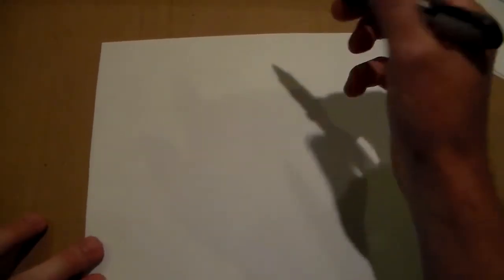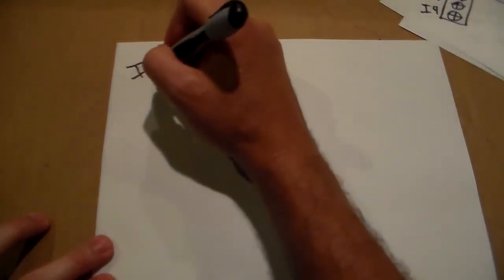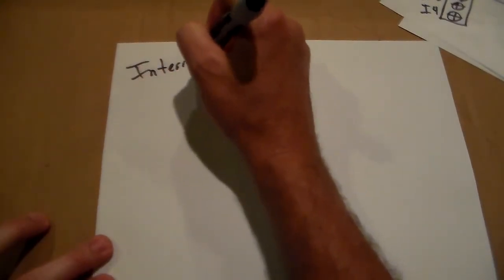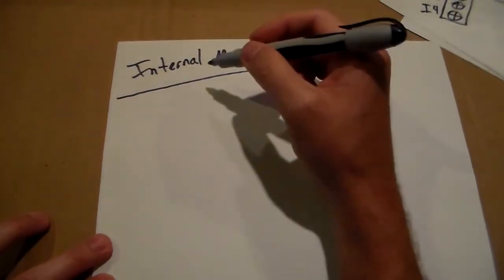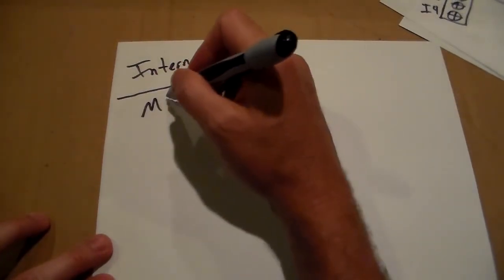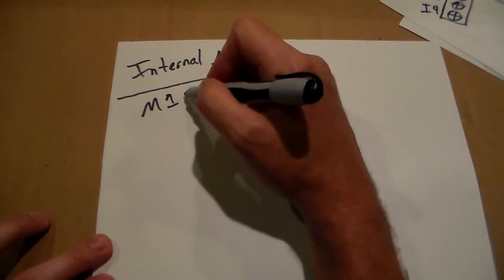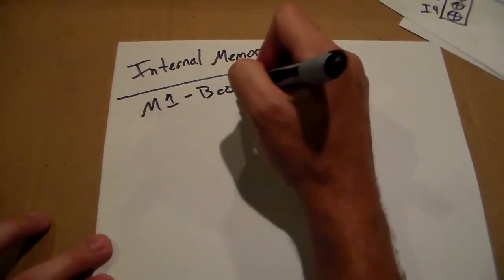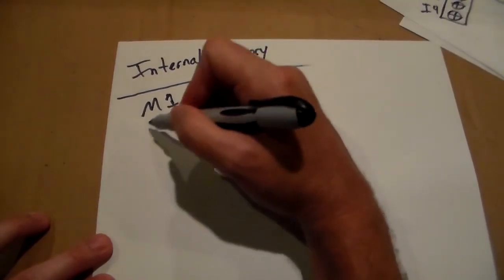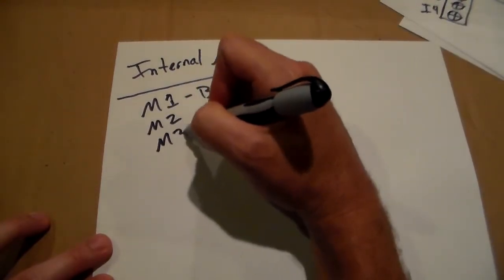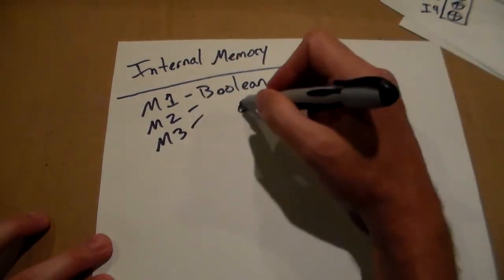One other one that we're going to throw in there right quick, this is still internal memory. It's for storing numbers. M's in this case are Boolean. For our discussion purposes, these are all Boolean, okay? On or off.